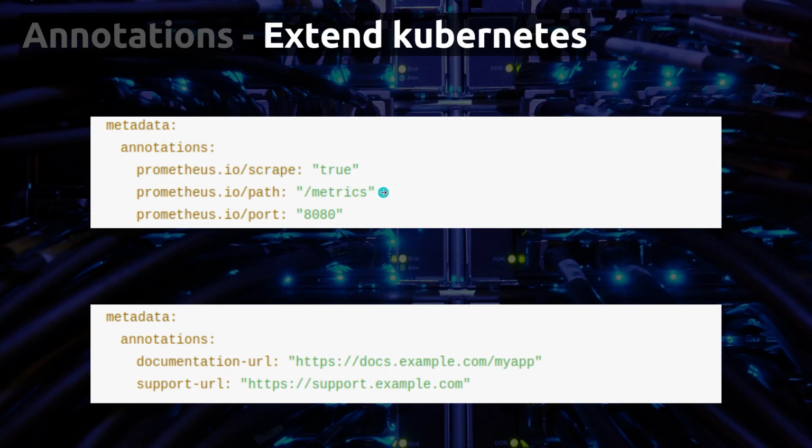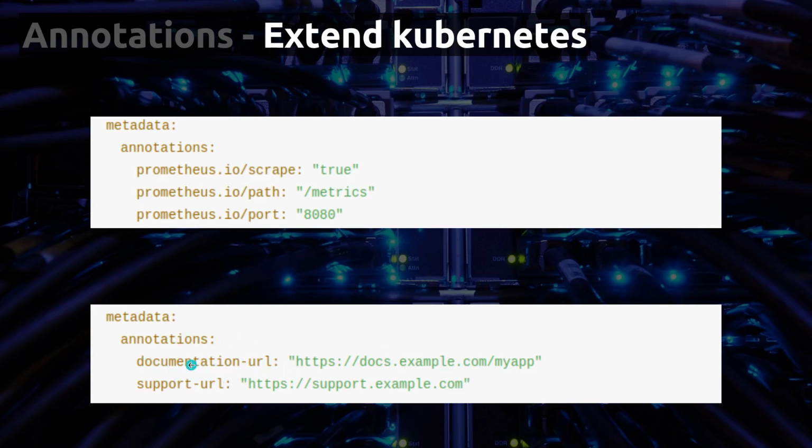Here, this is just 3 lines, but that edits the configuration of your Prometheus inside your Kubernetes cluster and reloads the configuration automatically. Here, this is the path where we want to scrape and the port. And we can imagine many things to improve your Kubernetes cluster like that.